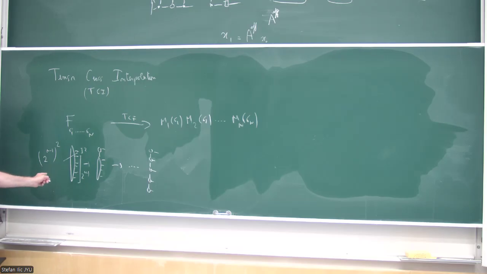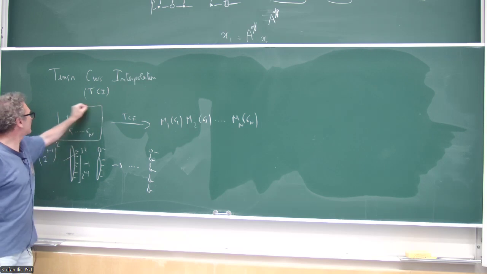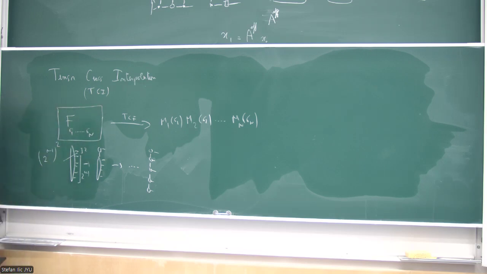So the approach we are going to have is completely different. When I say that it takes this as an input, it takes this in the sense of a virtual object. So something where if you give me sigma 1, ..., sigma n, I'm able to compute this tensor. So essentially the input will be a piece of code.